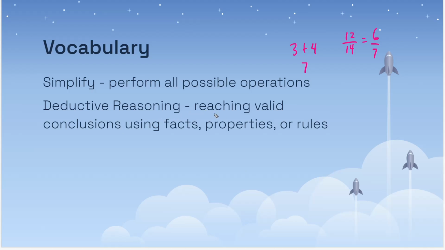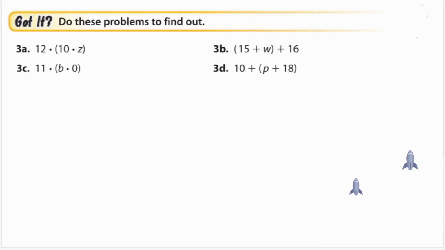Deductive reasoning, reaching a valid conclusion using facts, properties, or rules. Interesting. Let's take a look at an example of that. 12 times 10 times z. So we have to do what's inside of the grouping first. 10 times z, well, we can't do that, right?